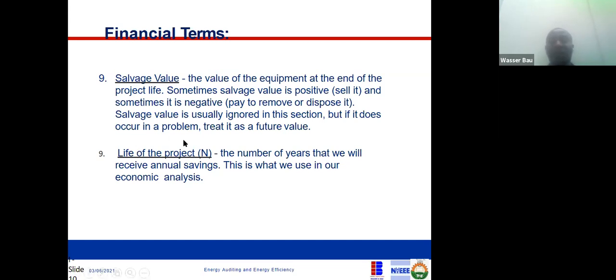Okay, here it says that the salvage value is usually ignored in this section, but if it does occur in a problem, treat it as a future value. So admittedly, salvage value is ignored in most power projects because at the end of the lifespan, we feel that it will cost more to recover that project, or it will cost more to revamp that project.